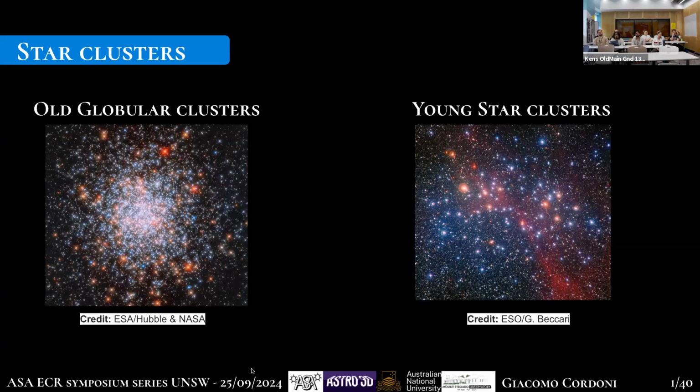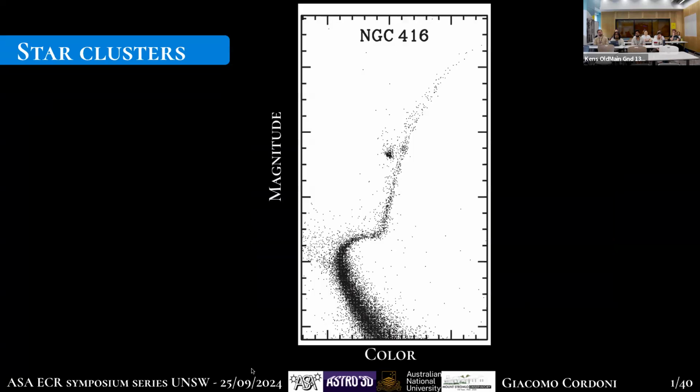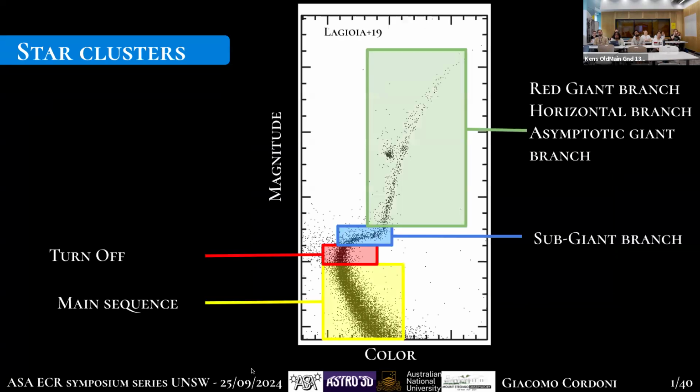In the context of stellar astrophysics, they're even more important because we can use color magnitude diagrams to study star clusters and to understand how stars form and evolve. The CMD here is basically the observational counterpart of the HR diagram. We can identify all the different evolutionary phases of stars: main sequence stars, turn-off stars, the giant branch, and then evolved stars.